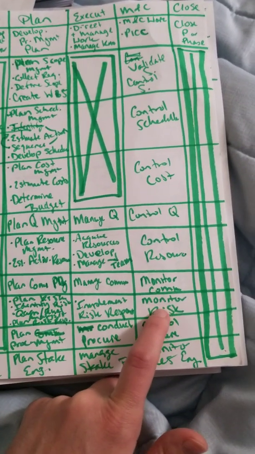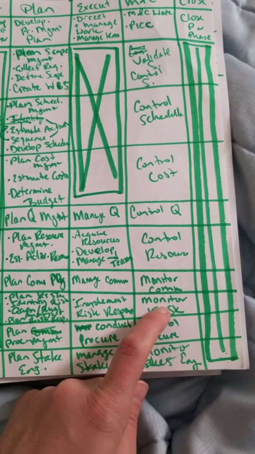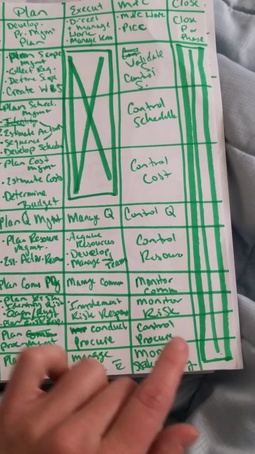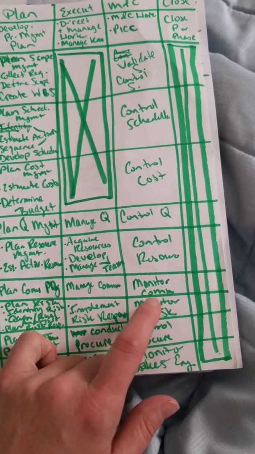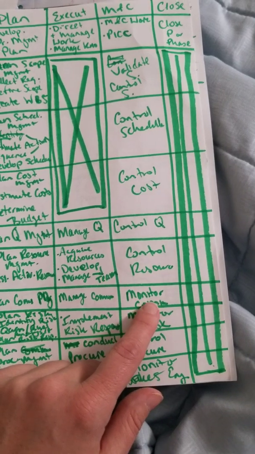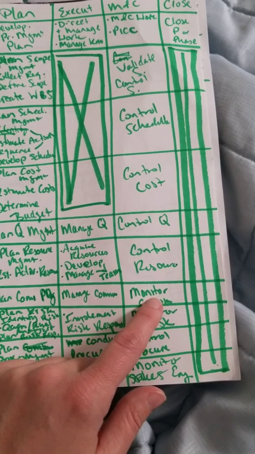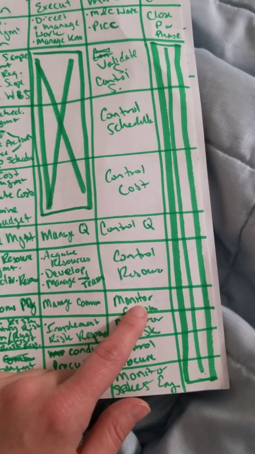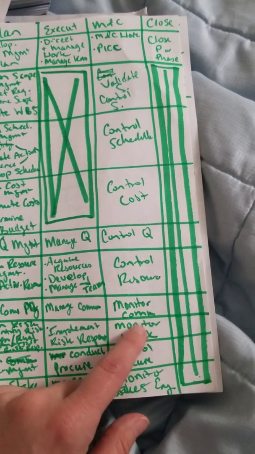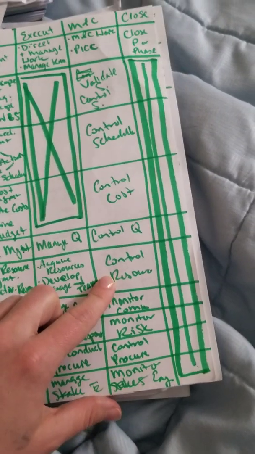You monitor risk because risk is just one of those elements that in life, like, you can do your best to prepare for it, but there's so many unknowns, so you just monitor it, but you can't possibly control something that's unknown, right? And you monitor communication because, again, it's something that you don't have full control over. You can't control two people speaking to each other when you're not in the room. So when there's human elements involved, or unknown elements typically, you monitor it.